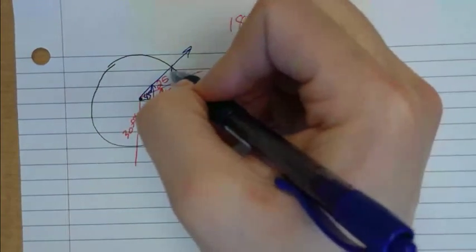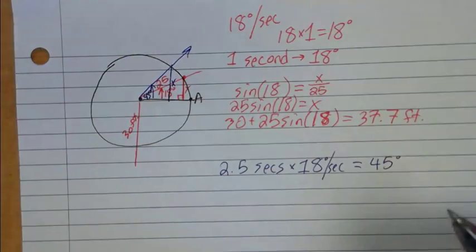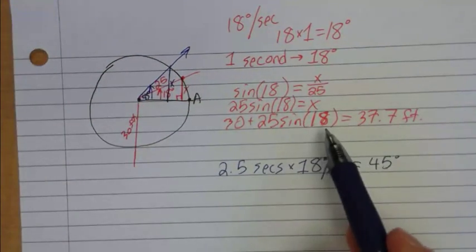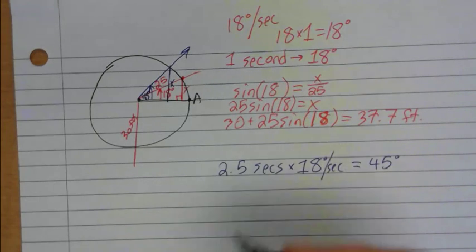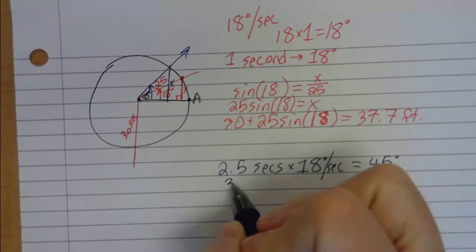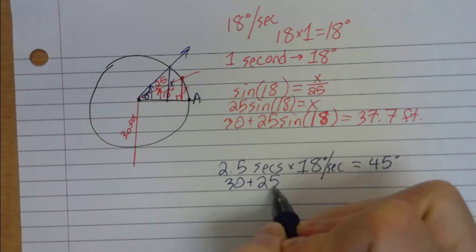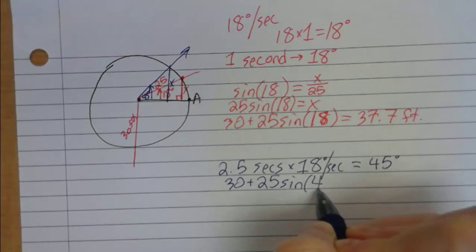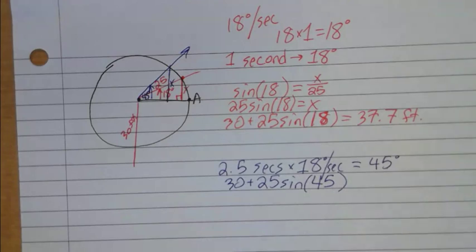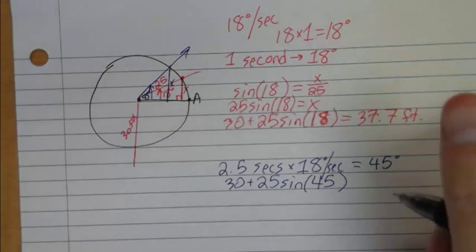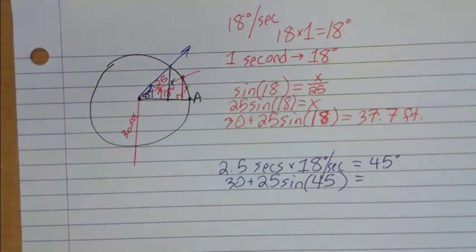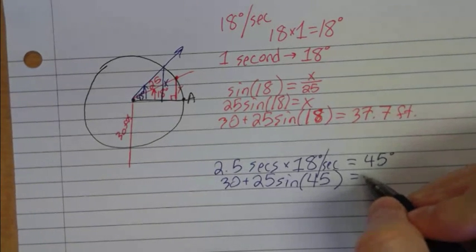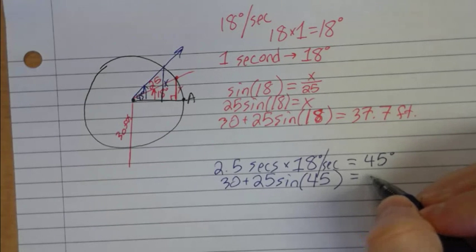It's going to be basically the same process. We'd end up with that 45 degrees where that is there. So we now have 30 plus 25 sine of 45 degrees, and we could enter that into our calculator. 30 plus 25 sine of 45 degrees is 47.7 feet off the ground.